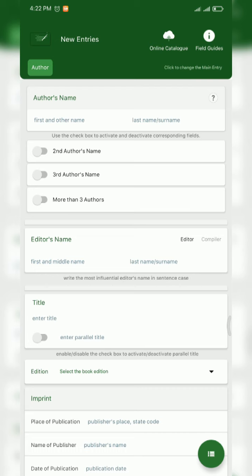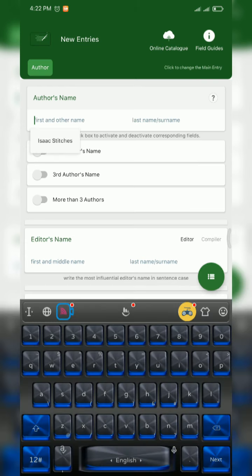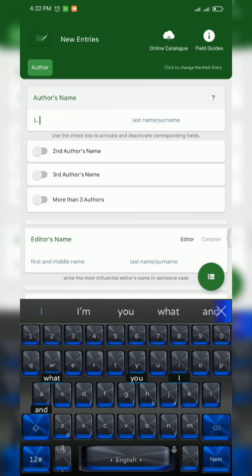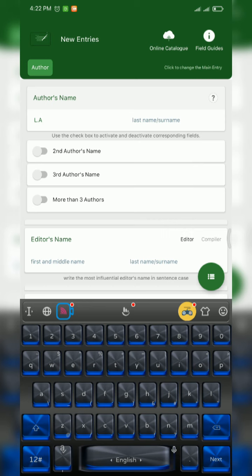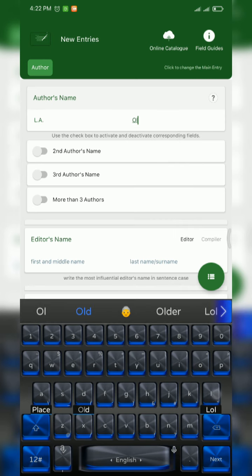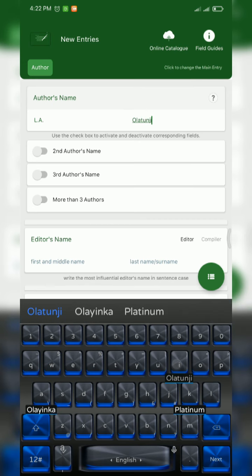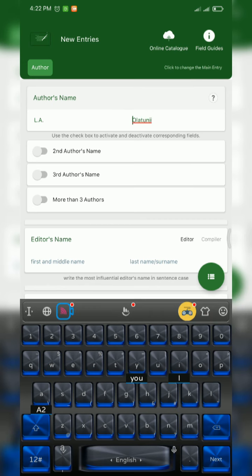So we'll be providing the name here. The first and other names are only written in initials, so we just write the initials as given. We proceed with the last name, which is the surname, Olatunji. That's it.